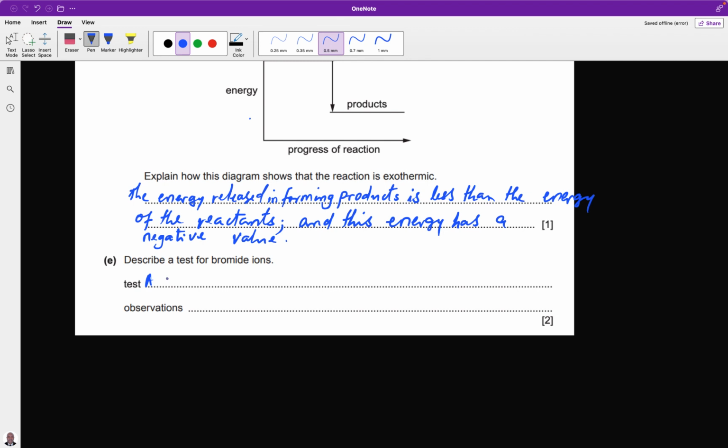Add dilute nitric acid followed by aqueous silver nitrate to a solution containing bromide ion.